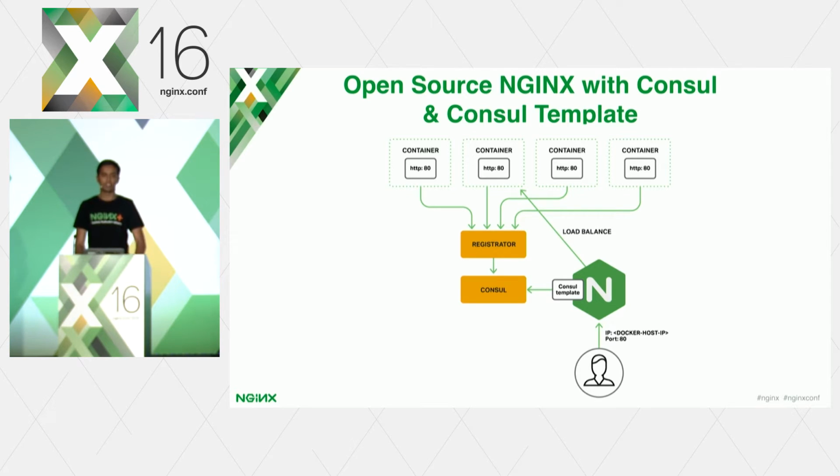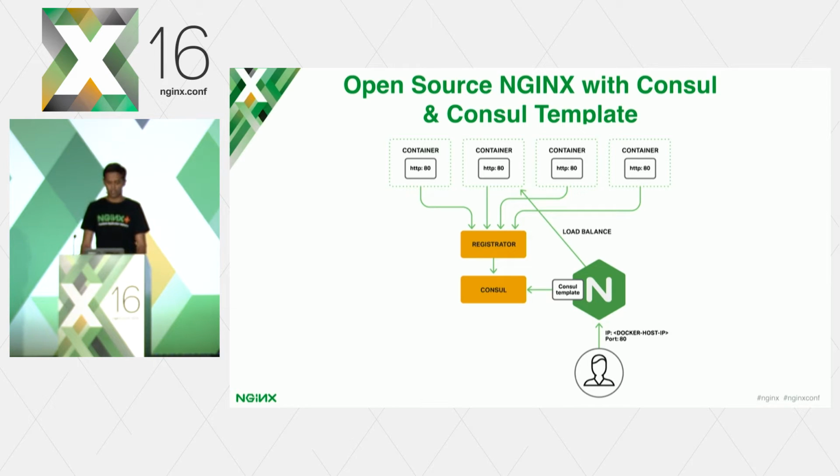Another tool used here is Registrator, which is a service registry for Docker. It has access to the Docker API, so as and when containers get created or destroyed, it will create a service object within Registrator, which will then put this data into Consul, which is the service registry.